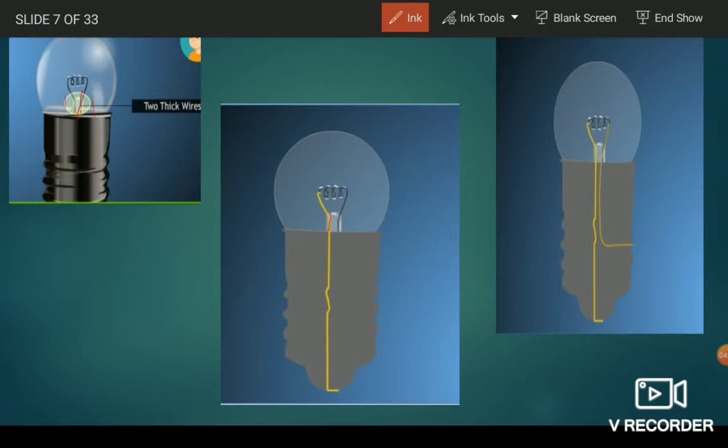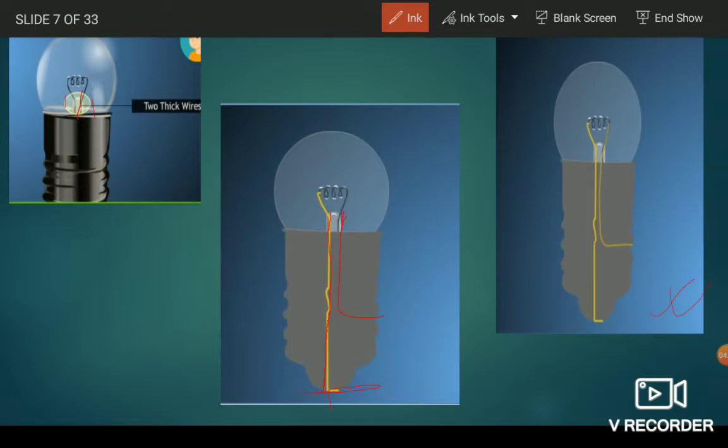One of these two thick wires is connected to the base of the metal cap, and the other thick wire is connected to the center of the side of the metal case, as you can see in the third picture.